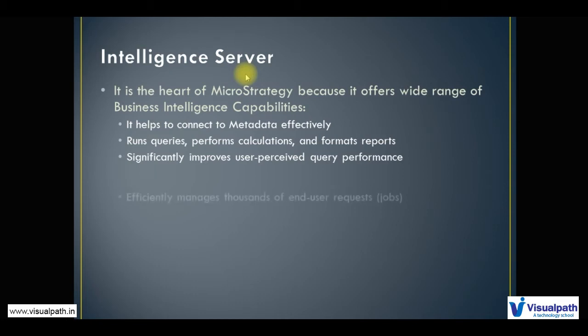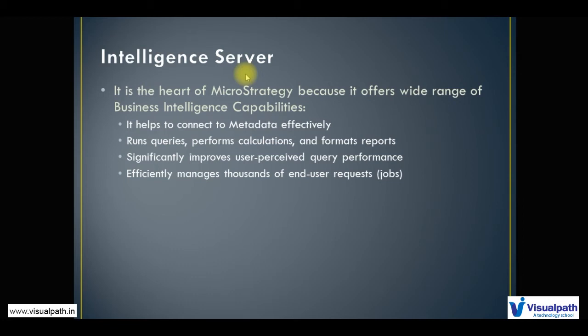Let's move ahead. Fourth point, it efficiently manages thousands of end user requests, okay guys? MicroStrategy is an enterprise tool. The environment will get used by thousands of end users, right? If you are working for a client where you have thousands of business users, many users will be using different reports for different analysis, right?